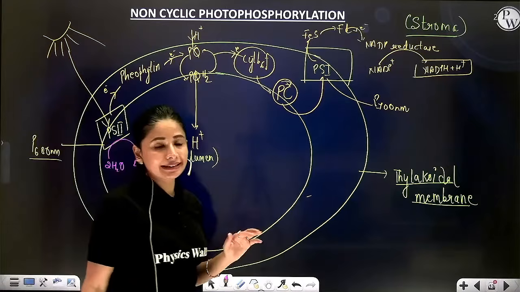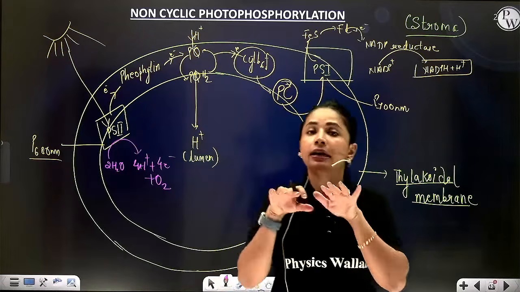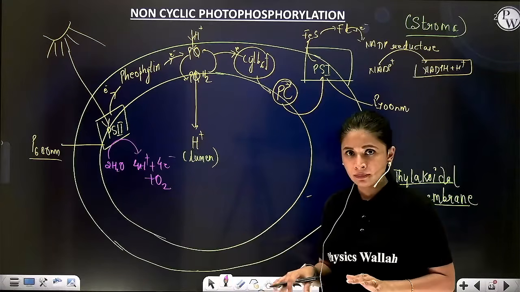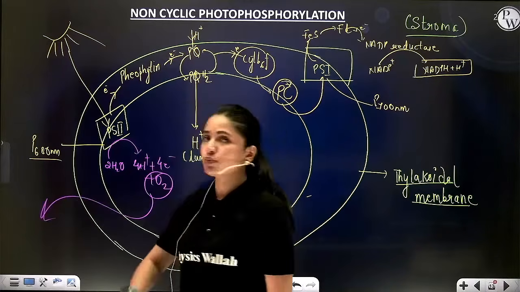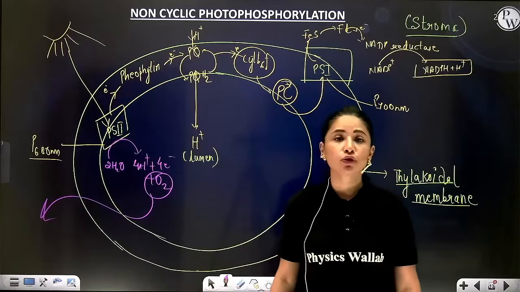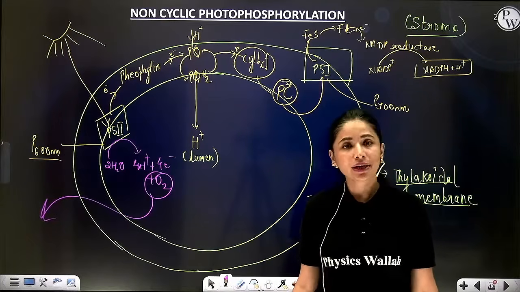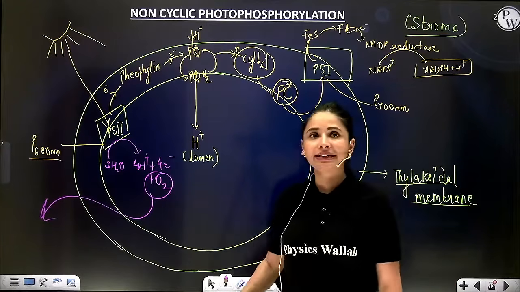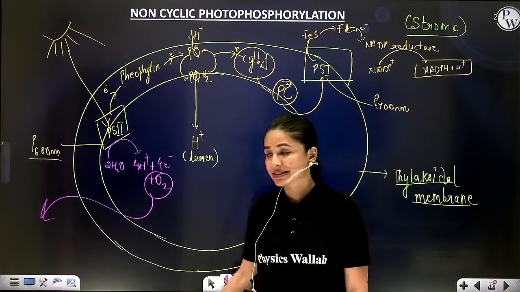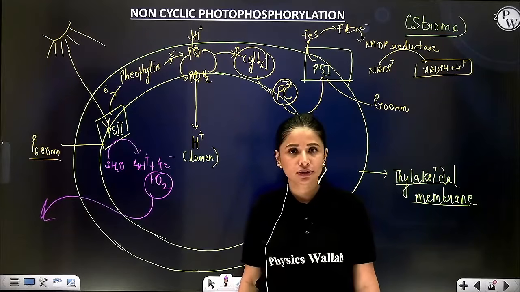Protons which are generated due to water splitting remain in the lumen. Oxygen, which you can see, is evolved as one of the byproducts of photosynthesis. During light reaction, due to water splitting, there is release of oxygen gas.